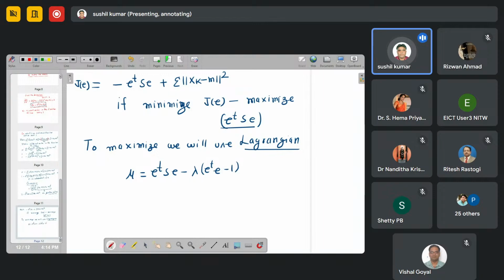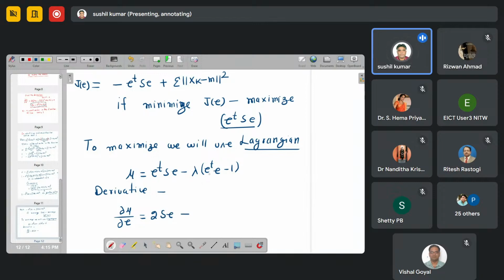This is available in mathematics. If you take the derivative of this with respect to E, E transpose E is E square only, so it will give you 2SE.